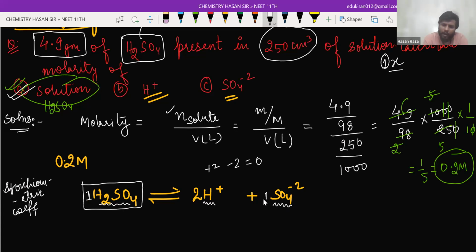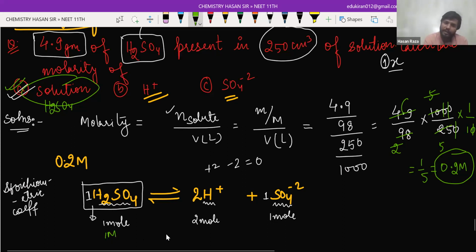So how do we compare this in terms of moles? This stoichiometric coefficient basically represents moles. 1 mole of H2SO4 gives 2 moles of H+ and 1 mole of SO4 minus 2. This stoichiometric coefficient is very important. In the same way, we can compare this with molarity.